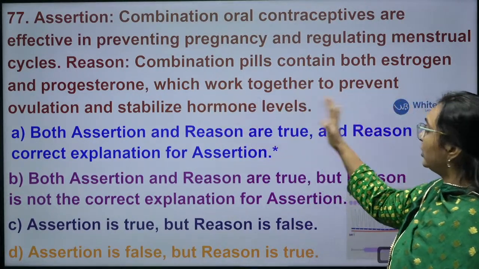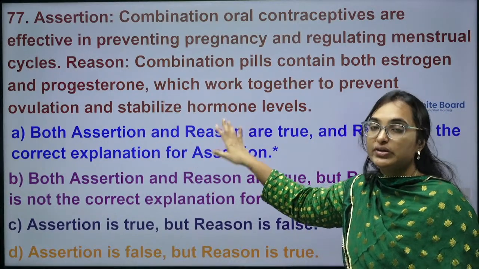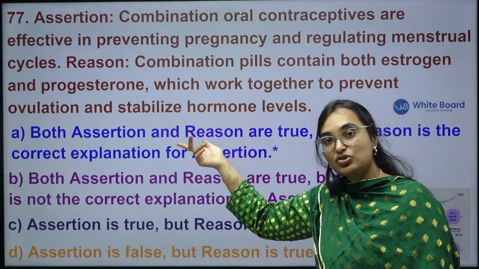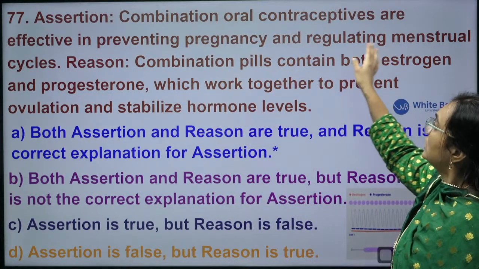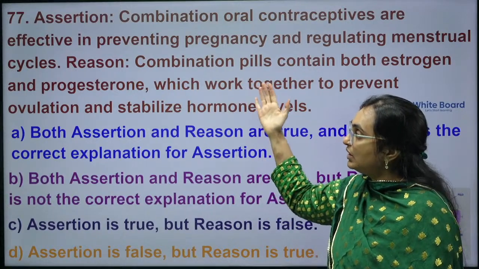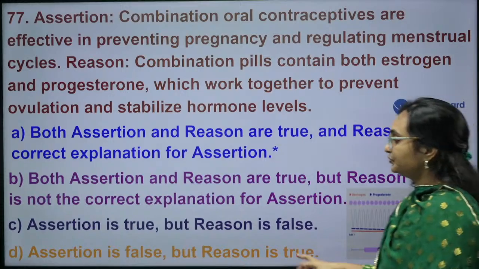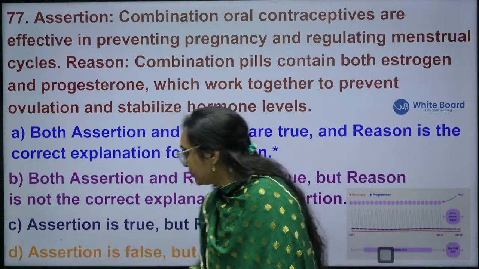They both work together to prevent the ovulation stage and stabilize the hormone levels. That's why it is used for controlling the menstrual cycles also, and these are effective in preventing pregnancy. So, A is correct here, R is the perfect explanation for A. Next question.